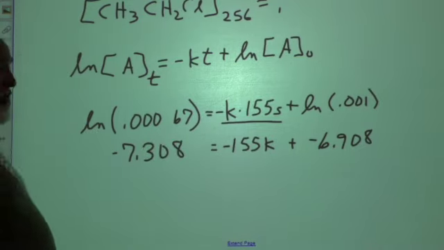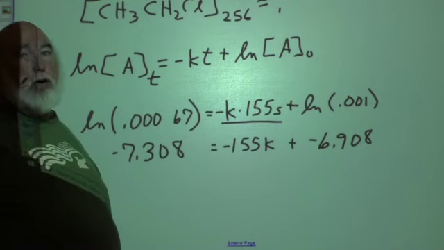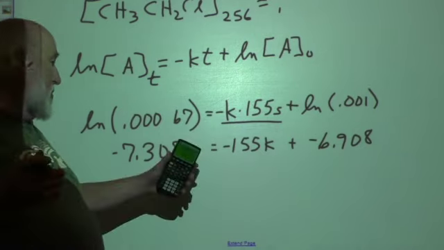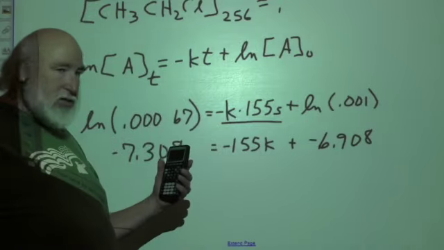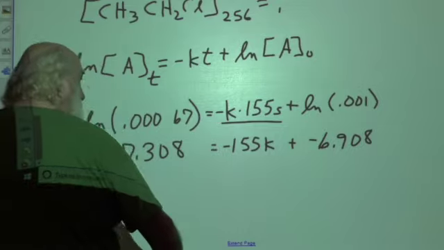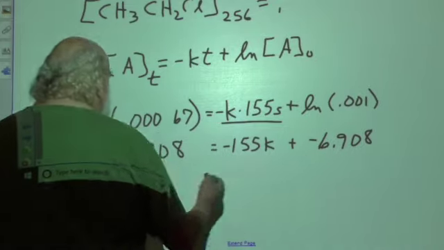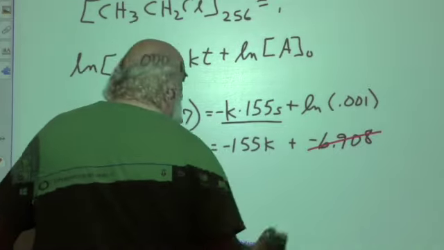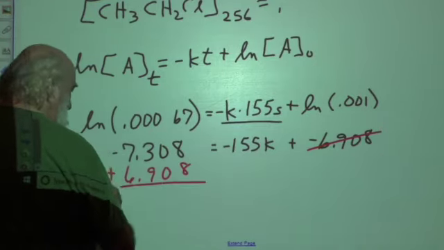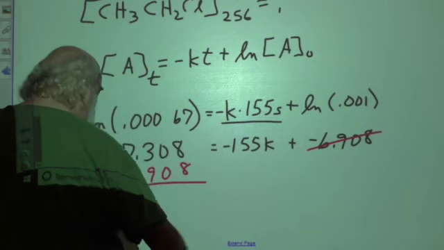So now we have just a goofy looking simple algebra problem. You've got decimals and big numbers and dogs and cats living together. So let's move this over here by adding positive 6.908. And that's a rather clean number there.